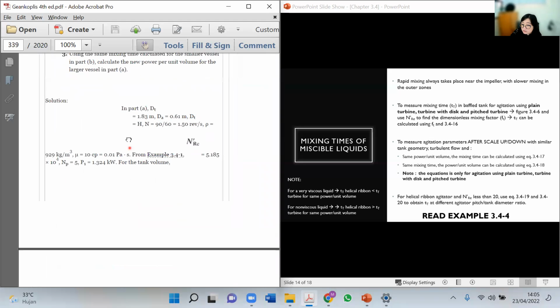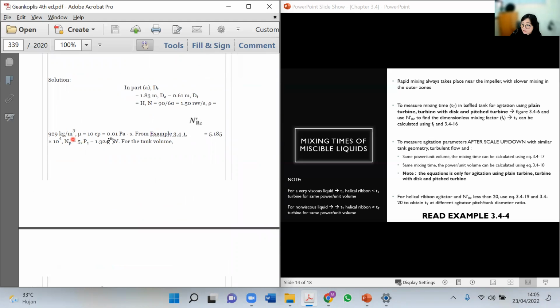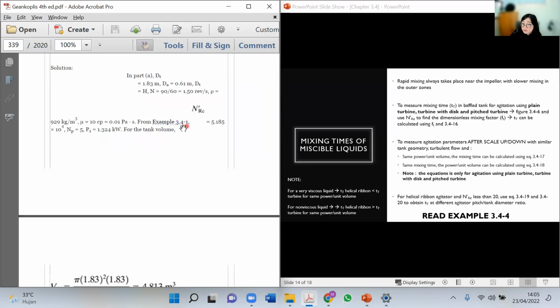We also know the density and the viscosity, and from example 3.4-1 that the power number is 5, and the power required is 1.324 kilowatts.